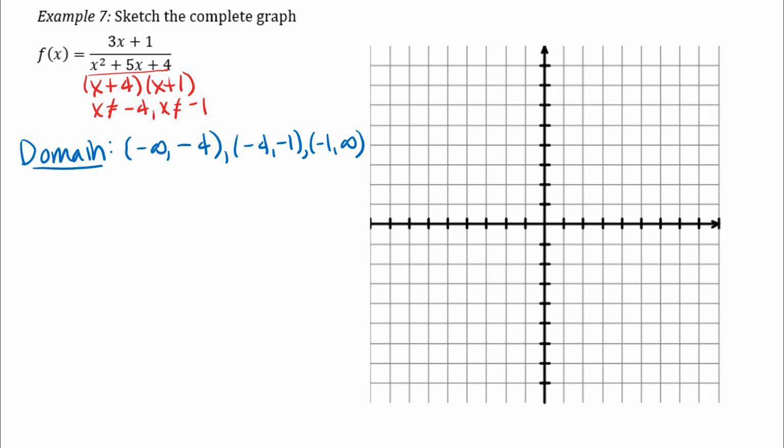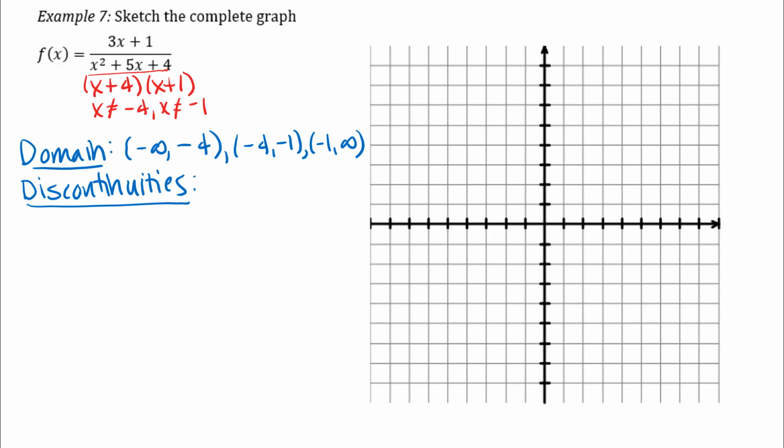The other thing is that when you have breaks in the domain, that is where you're going to have discontinuities in the graph of the function. You want to think about whether those discontinuities are holes or vertical asymptotes. For rational functions, those are the 2 kinds of discontinuities you're going to have.